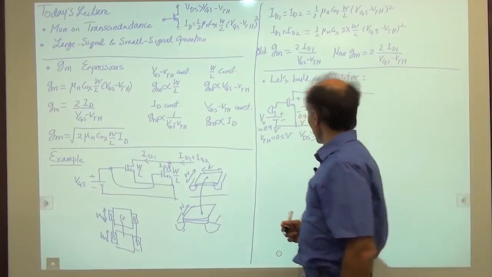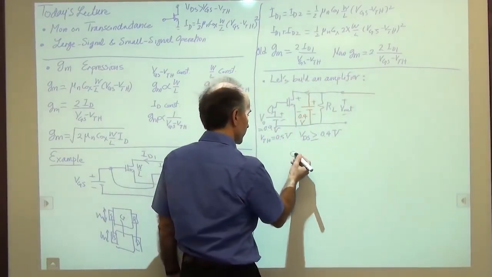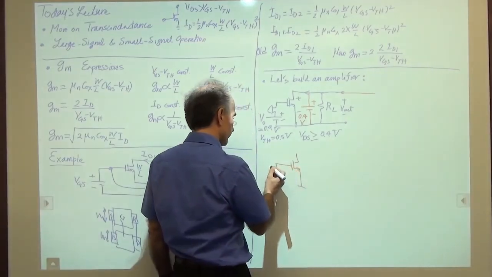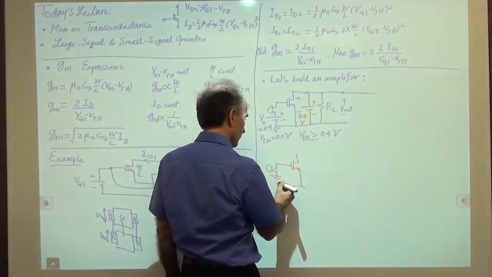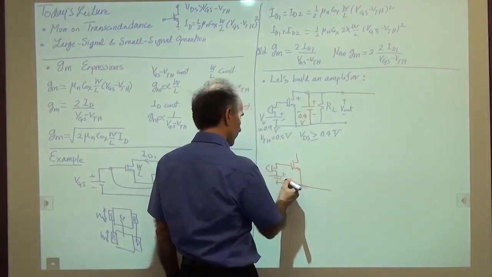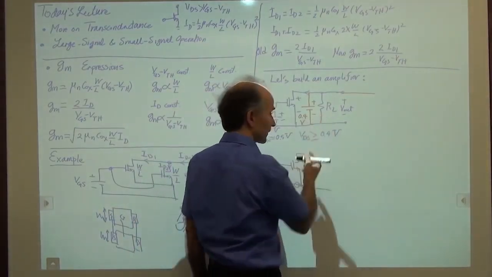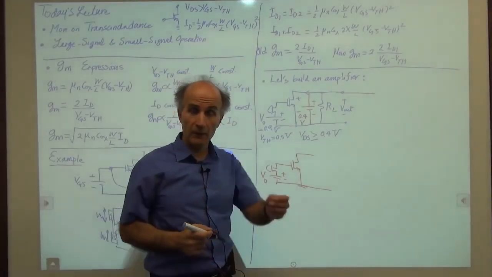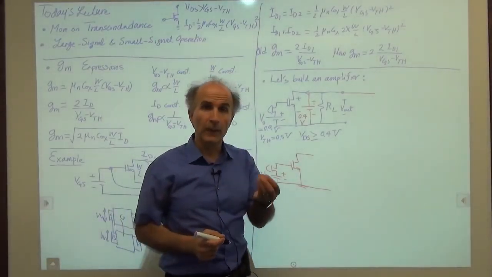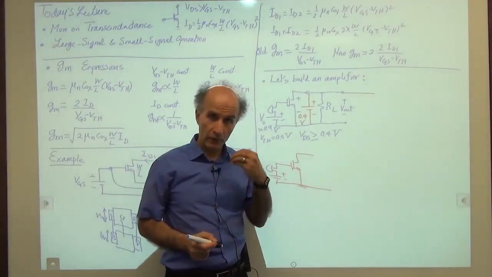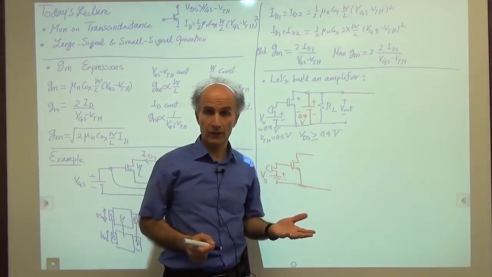Okay, so we have to fix this situation, and let's draw the circuit again. With all the stuff, we have a microphone, a battery, 4 VGS, and we still need this resistor. The resistor is fundamentally necessary because the current coming out of the MOSFET has to go through a resistor to create a voltage.